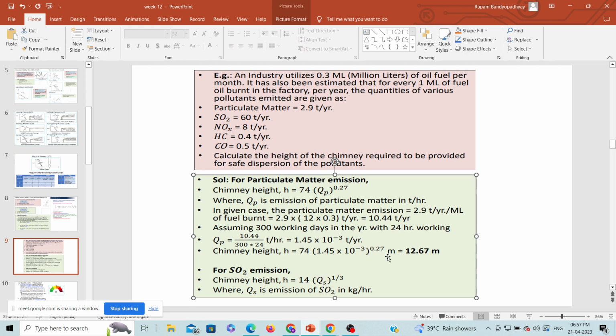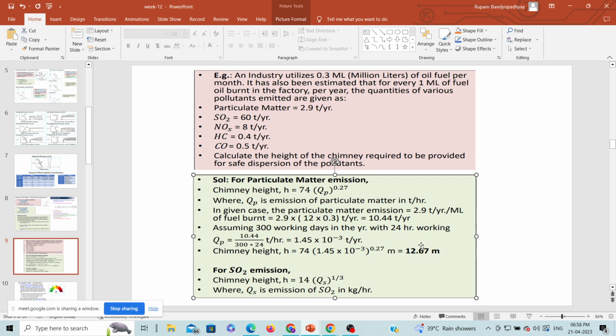Similarly, it is mentioned in tons per hour, so you have to convert it into kg per hour. For the tons per hour value you got, sulfur dioxide is 60 ton per year. Similarly, you have to calculate the concentration in kg per hour, put in this value, and compare which one is greater.